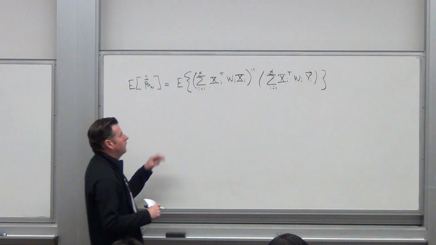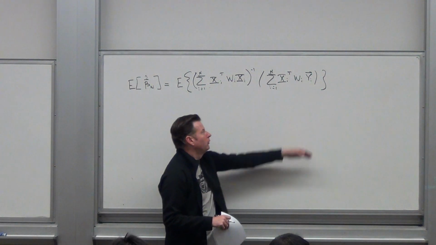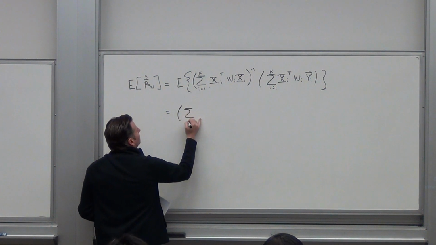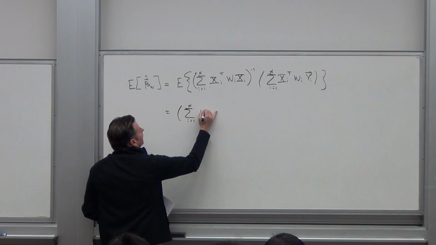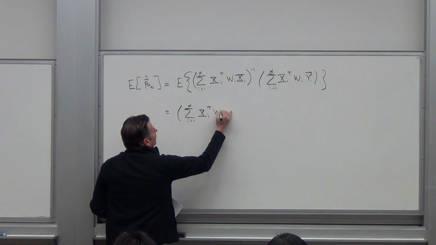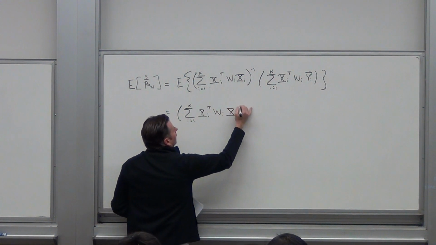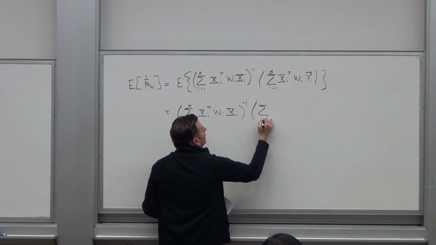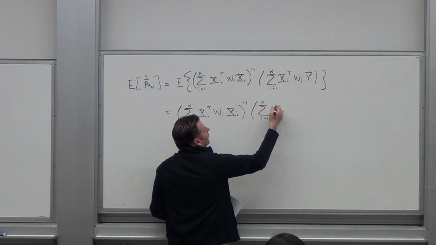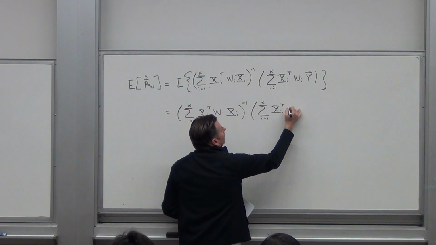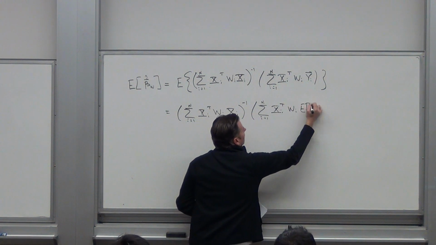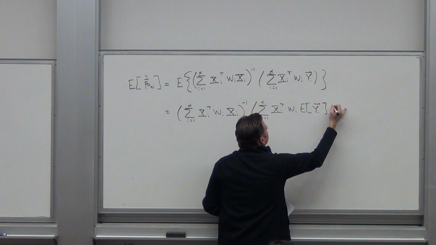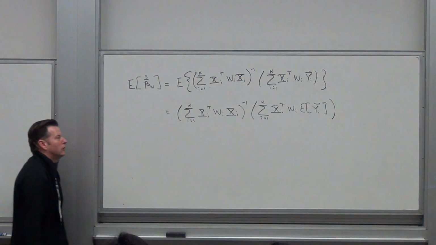Well, the nice thing for us is, guess what? All of these things are constant up to yi. So this thing is just simply going to be equal to the inverse of the sum i equal 1 to capital N of xi transpose wi xi, times the sum i equal 1 to capital N, run the expectation all the way through, of the expectation of yi.